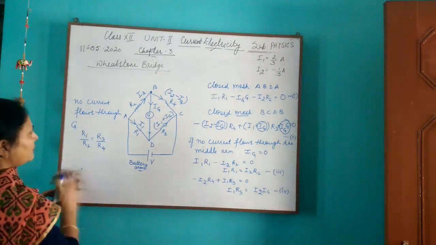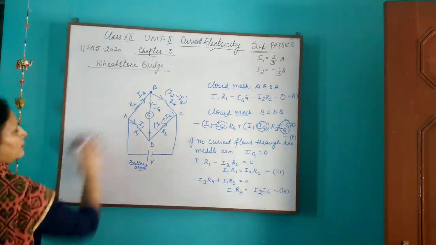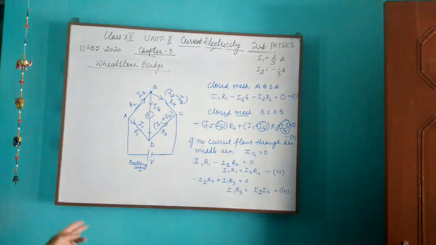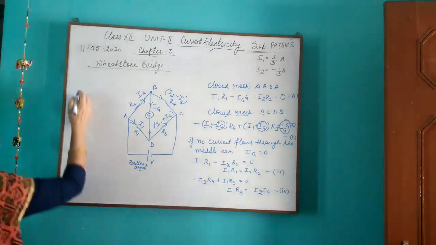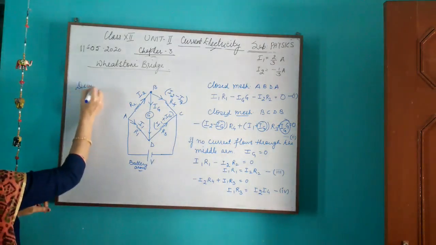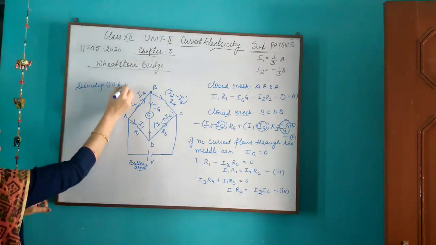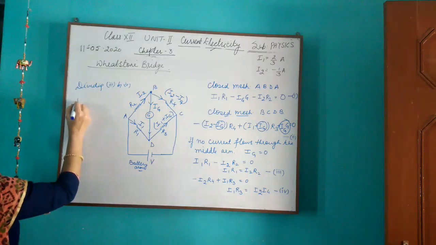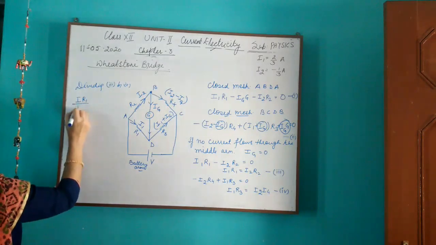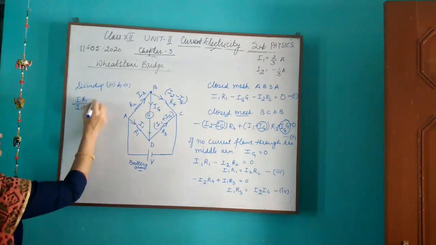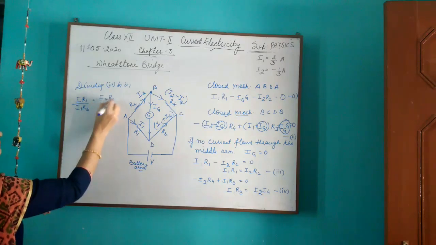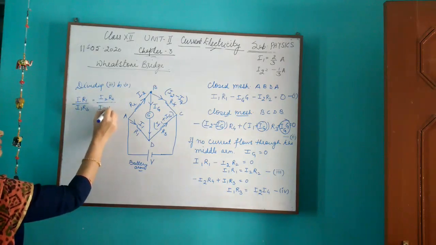Dividing equation 3 by 4. What will you get? I1 R1 upon I1 R3 is equal to I2 R2 upon I2 R4.